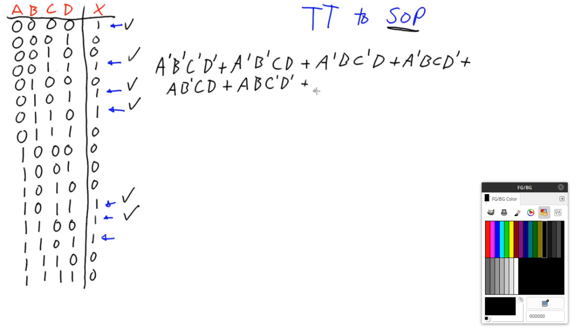And our final term here, we've got A, B, C not, D. So there we have it. That's this function represented mathematically, right? So this equals X.